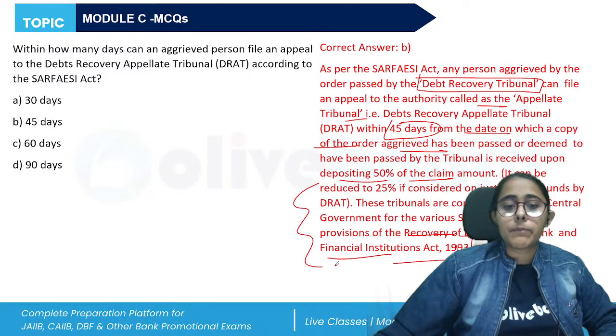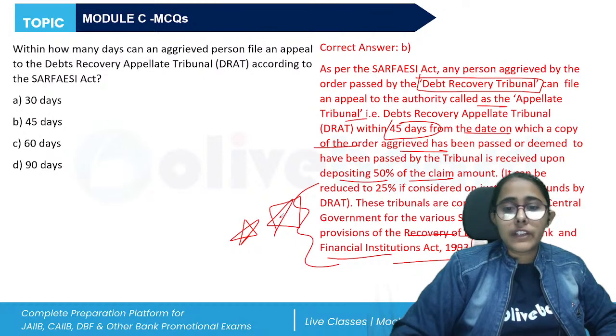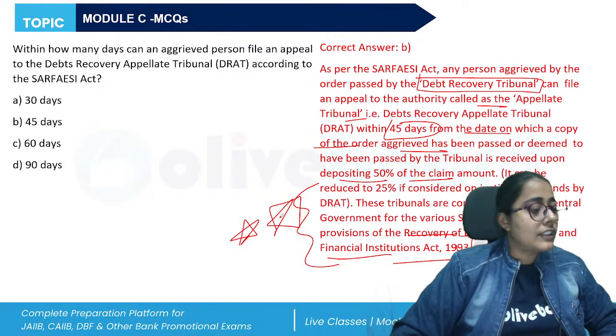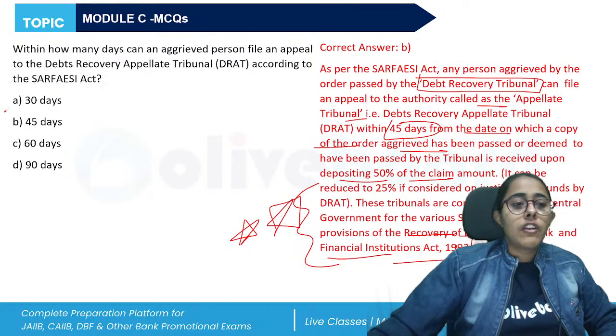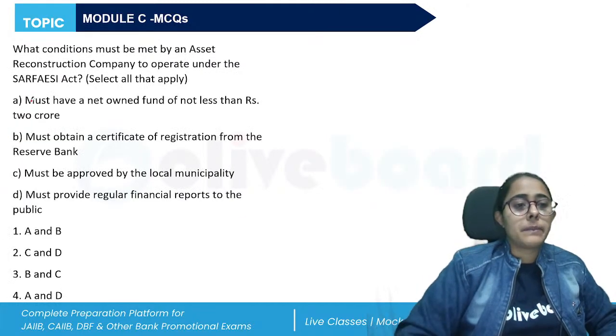This also is an important information. So remember these. The recovery tribunals, DRTs or DRATs are formed under the Recovery of Debts Due to Banks and Financial Institutions Act 1993. So the correct answer is within 45 days the appeal can be made.